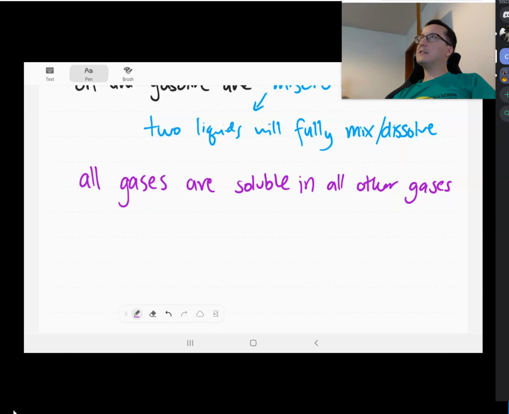Gas solubility is kind of less obvious to us, but air is a solution, right? If Gumbo were to come in here all farting and all that stuff, the smells coming out of his little booty will dissolve in the air. Doesn't matter if those are hydrogen sulfide, which would be a polar molecule, or something like methane, which is nonpolar.